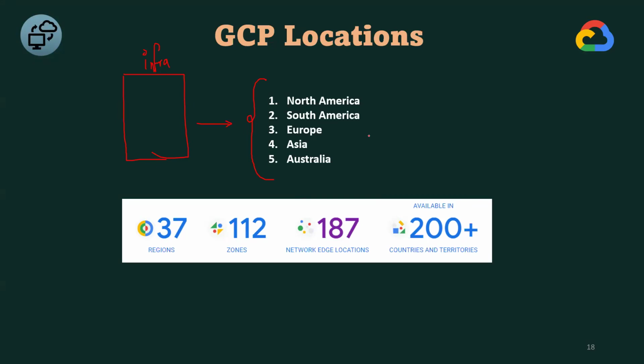These 5 locations are further divided into regions, and these regions are further divided into zones. So this is how regions and zones are divided.